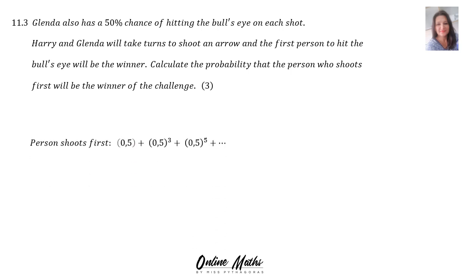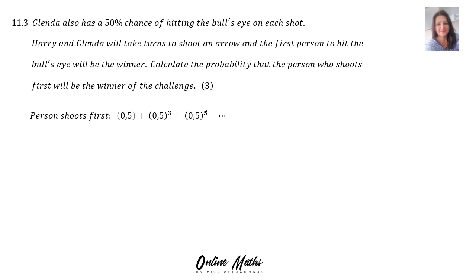Now, in fact, this person who shoots first forms a geometric series where the 0.5 is the a, the first term, because this person has a half a chance of getting a bullseye.